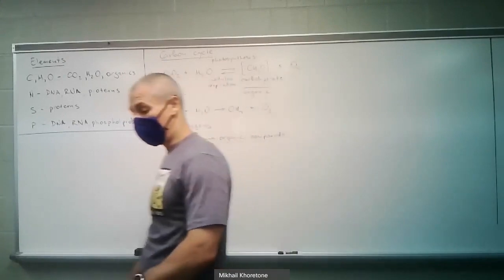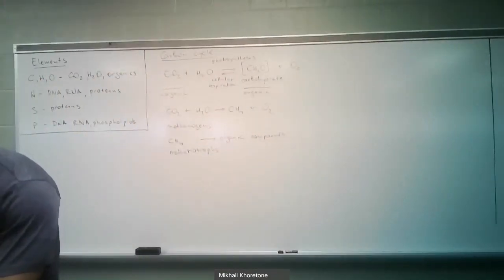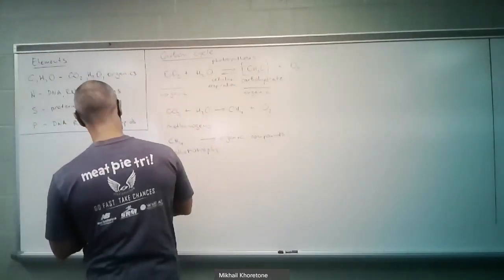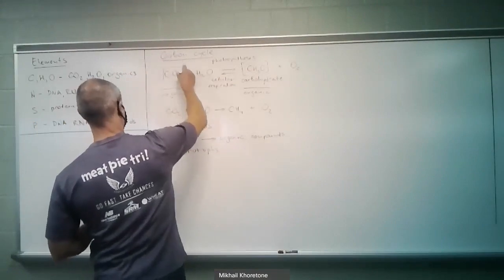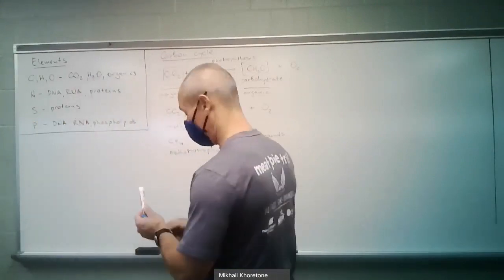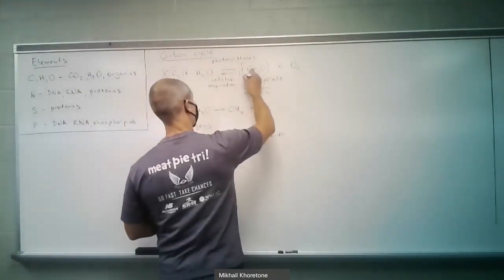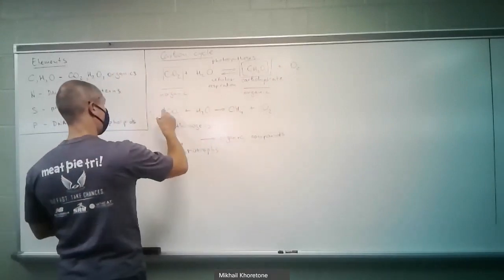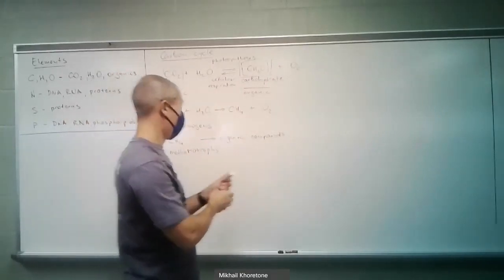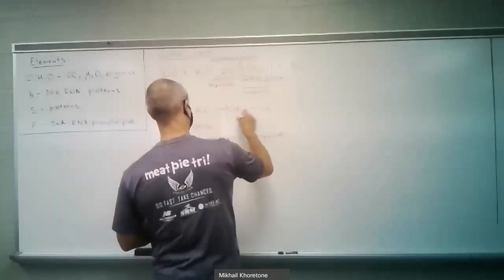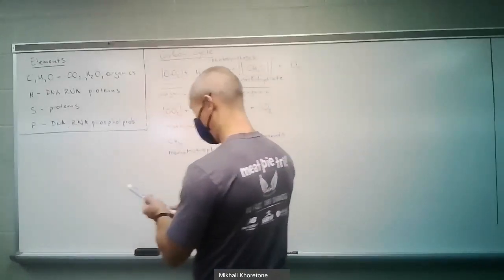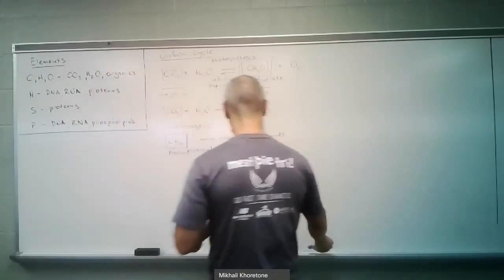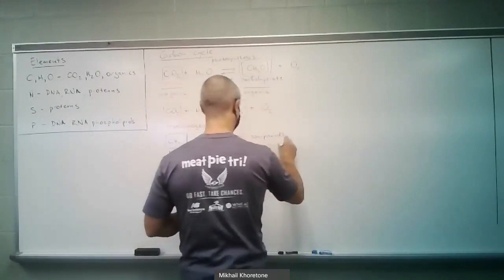Now, I want to highlight this. Look. This is an oxidized form of carbon. This is a reduced form. This is an oxidized form. This is a reduced form. This is a reduced form. This is partially oxidized.